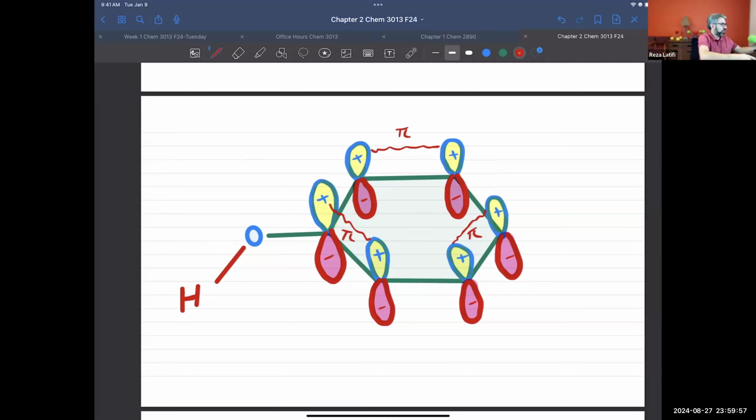So technically this bond and that bond are in the same plane. Which plane? The ring plane. Completely flat.